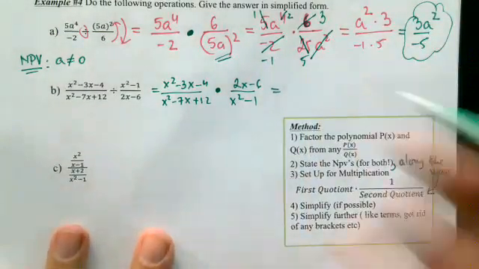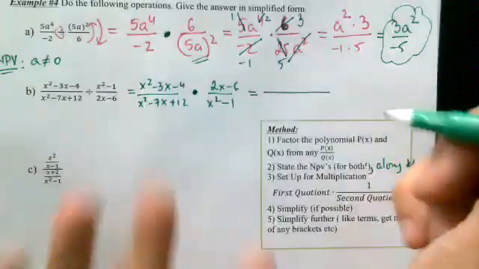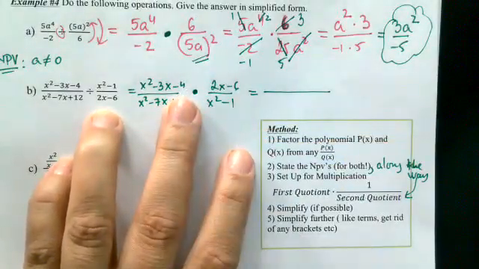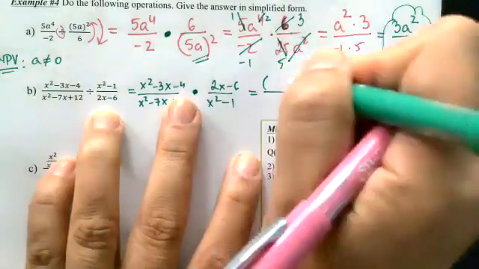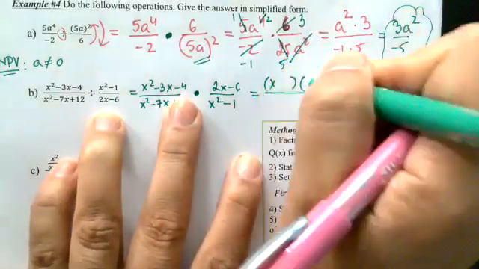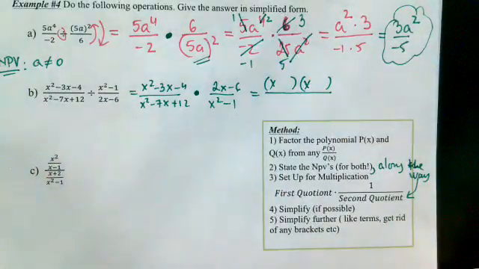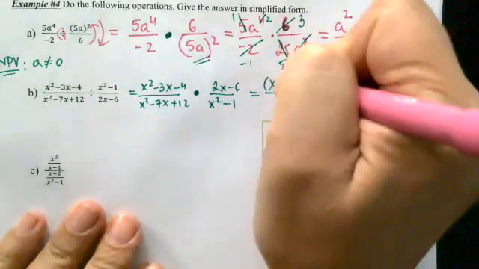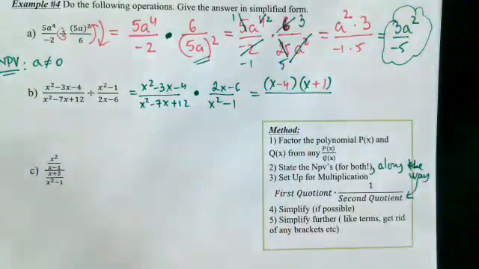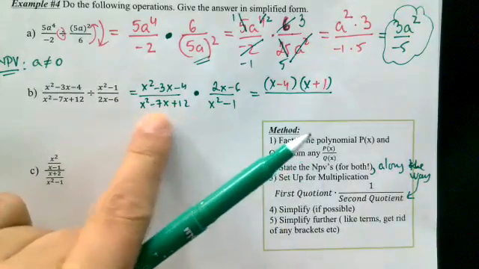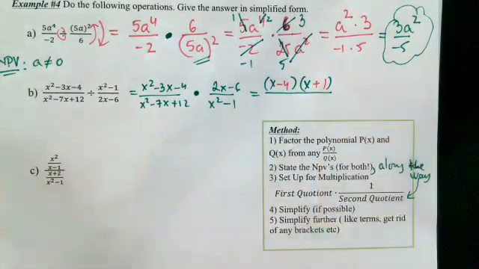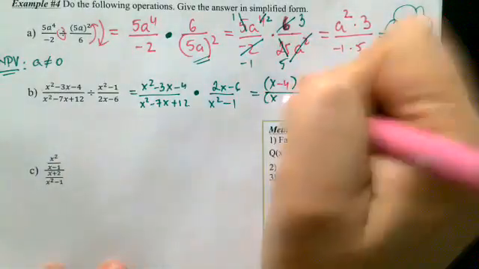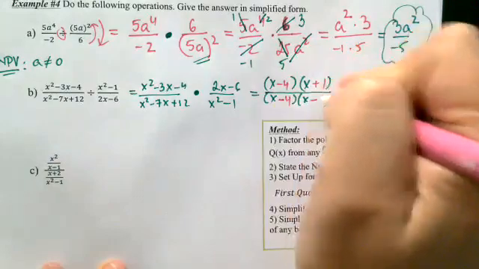Okay, let's take them one by one and factor them. Two factors of -4 that add up to -3: -4 and 1, right? So -4 and +1. And two factors of +12 that add up to -7: -3, -4.